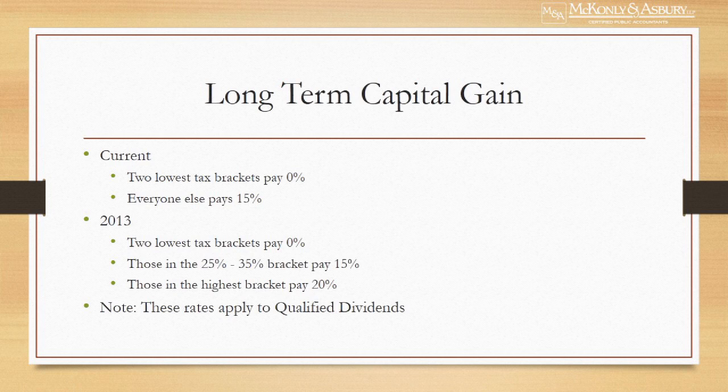The rates were 0% and 15%. And the way it was broken down is that if you were in the first two income tax brackets, the 10 and the 15% income tax brackets, your capital gains were actually taxed at 0%. And that was for 2010, 11, and 12. Anyone else, in any other bracket, would have had a 15% rate for long-term capital gains.